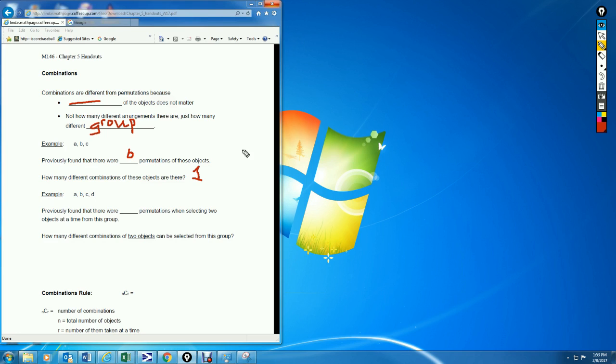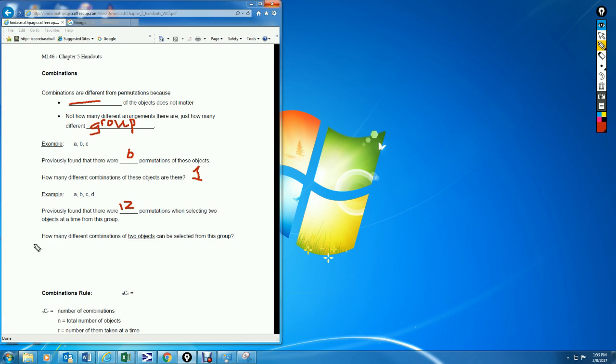And another example, we looked at the group of letters A, B, C, D. And we found that there were 12 permutations when we were selecting 2 objects at a time from this group. So now let's ask a different question. How many combinations of 2 objects can be selected from that group? All right. Well, we listed them last time.